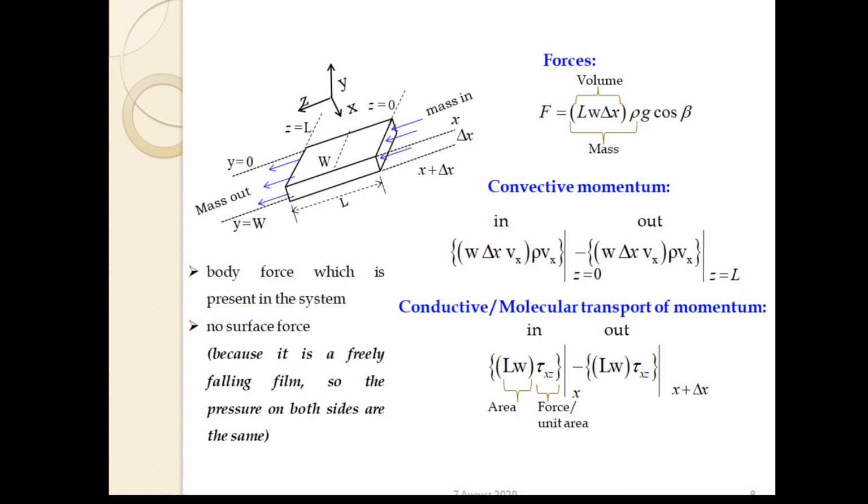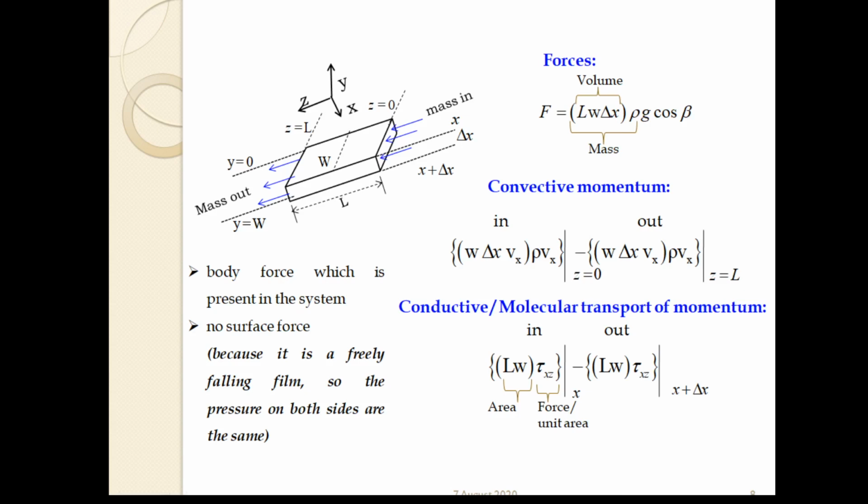So if I need to find out the total force exerted by the fluid on the solid plate, we need to integrate this shear stress term tau xz over dz and dw.